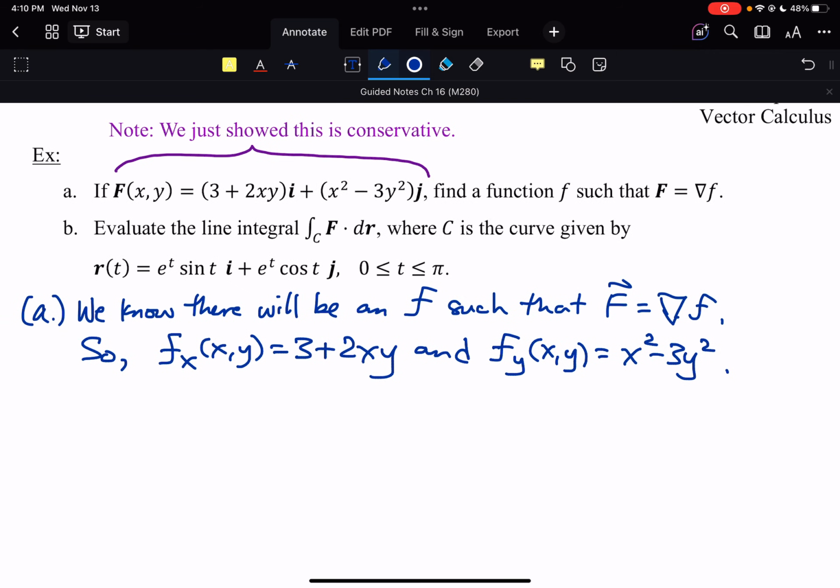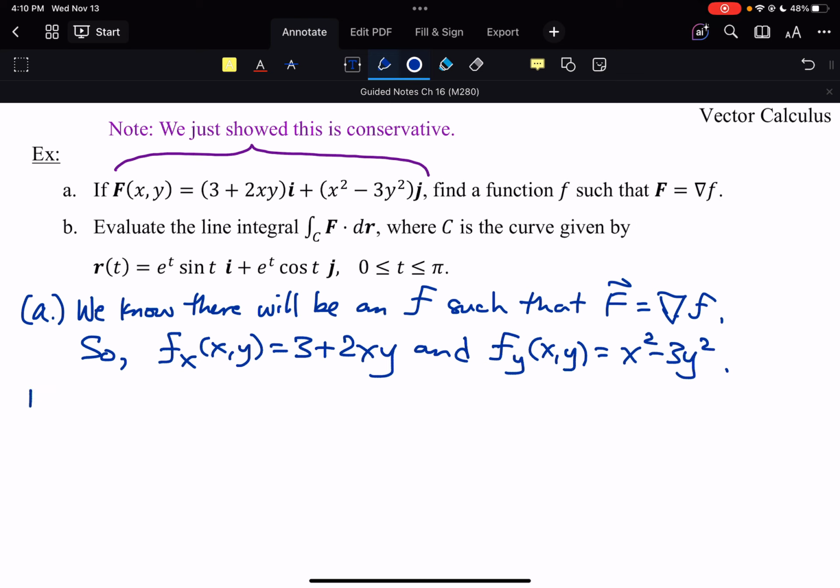So what we're going to do is integrate one of these to get back to the original. I'm going to integrate fx first. You don't have to do fx first, but generally speaking, that's what we do. Integrate fx with respect to x.